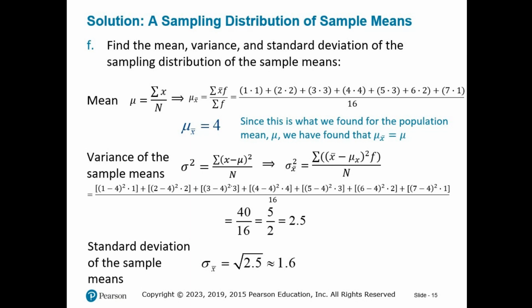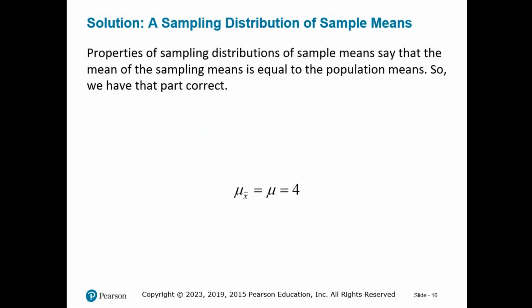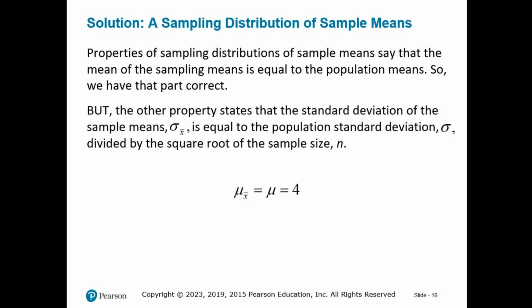Now we need to look at satisfying the second property. We satisfied the first property, which said the mean of the sampling means is equal to the population mean. But the second part says that the standard deviation of the sample means is equal to the population standard deviation divided by the square root of the sample size n. So let's look at that.